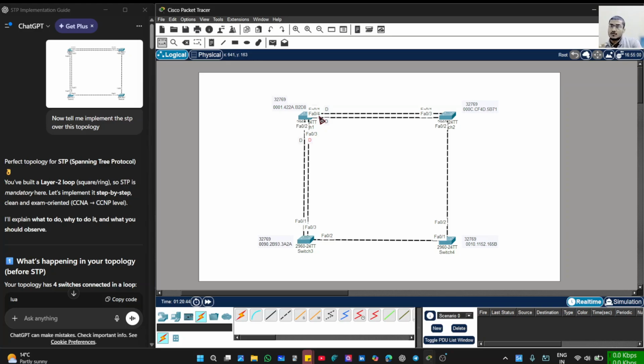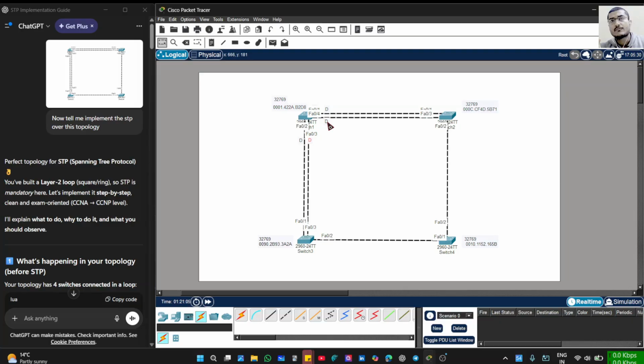We will discuss the root port further, not now. Our focus right here is the root bridge. So this D is a designated port.